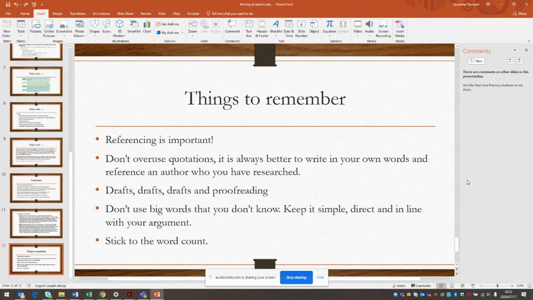Okay, and then I've written here drafts, and proofreading. Don't be offended personally if your first draft comes back with lots of comments or red marks. Okay, your supervisor is there to constructively give you feedback and improve your writing.